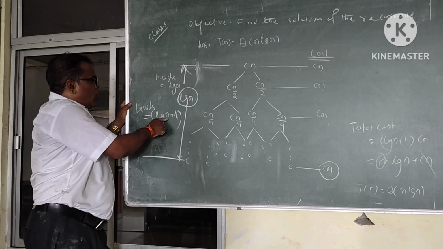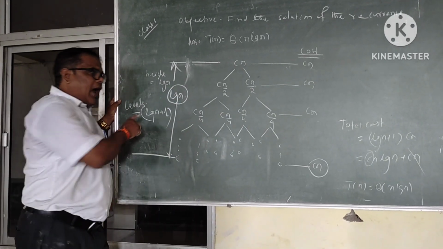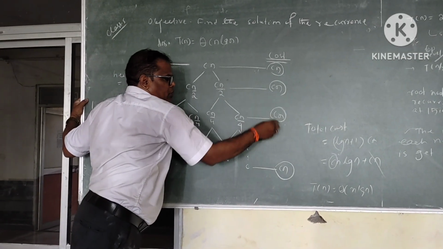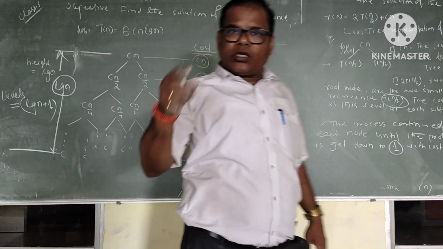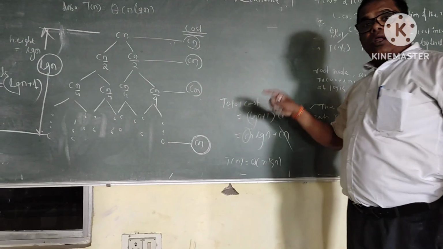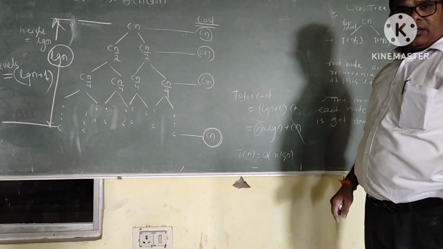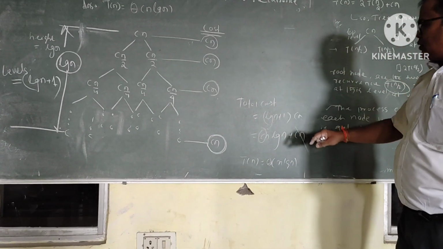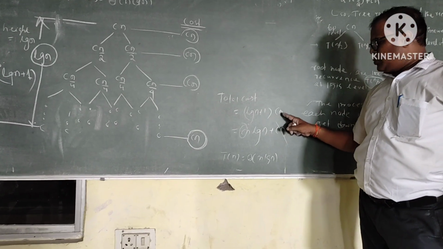So there are log n plus 1 levels, and at each level the cost is Cn. Hence the total cost incurred for solving merge sort using the recurrence method, or the divide and conquer approach, is (log n + 1) times Cn.